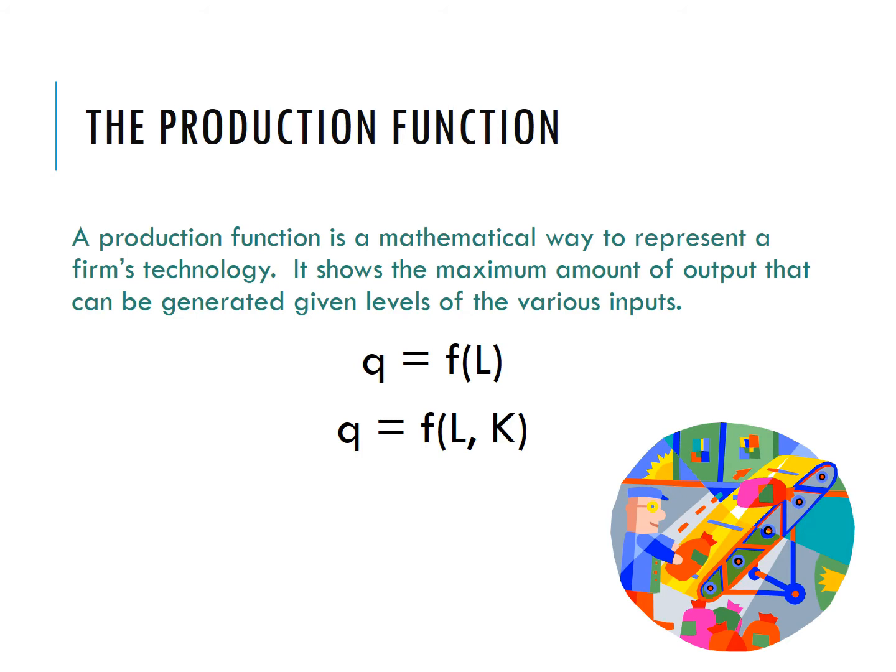So the production function is analogous to our utility function. The utility function gave us the highest satisfaction when we consume two goods. The production function is the highest output when the firm uses different levels of inputs, like labor and capital.